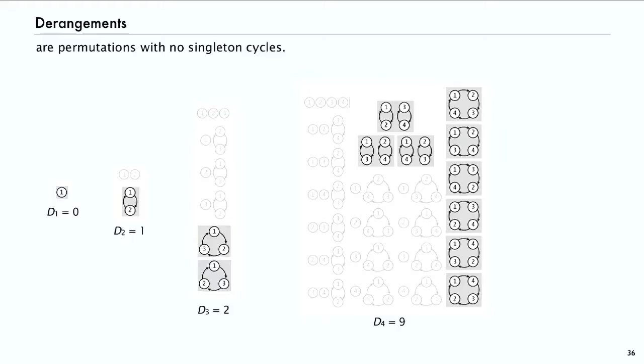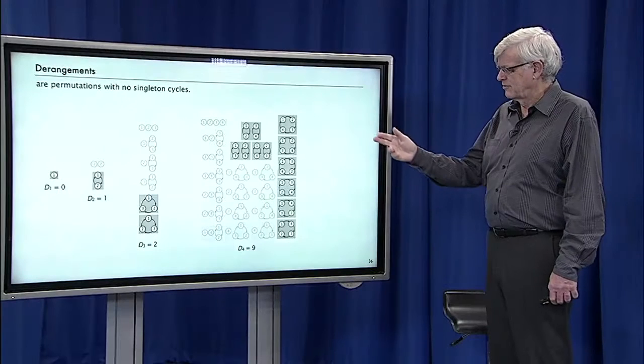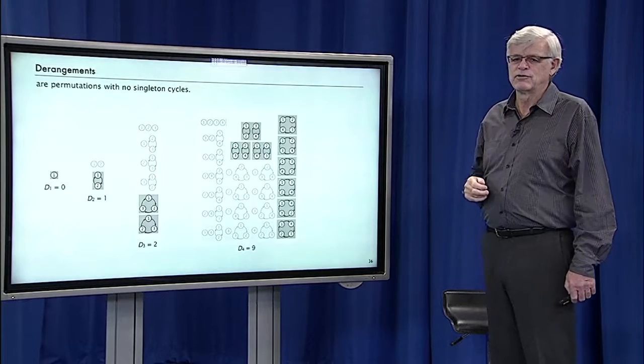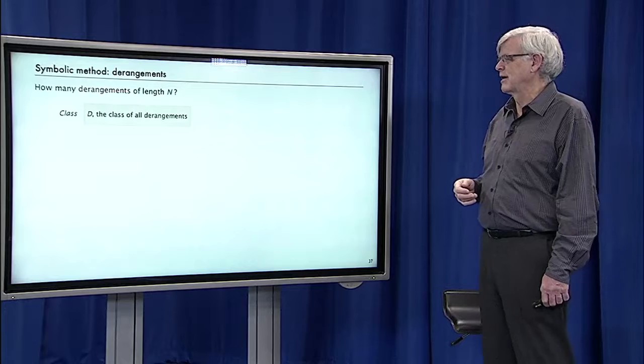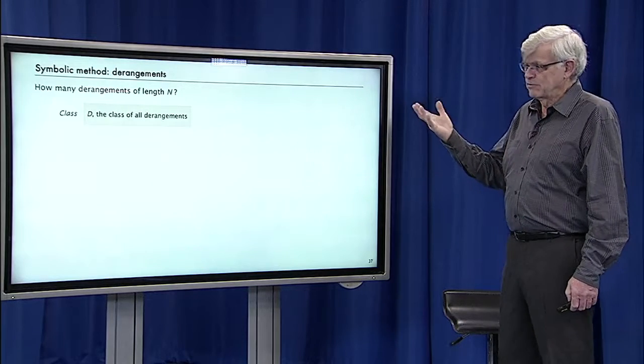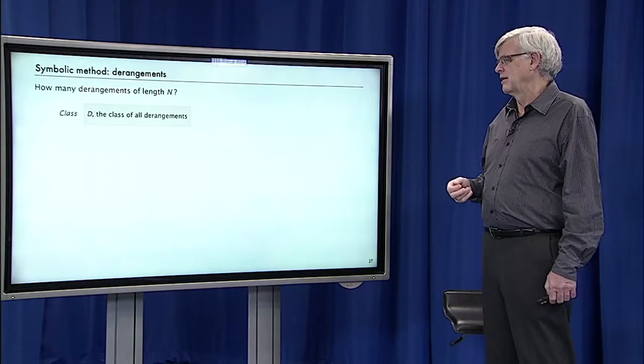So there are 9 permutations of size 4 that have no singleton cycles. The probability that nobody winds up with their own hat if there are only 4 is 9 over 24. And this maybe is not a familiar sequence, so let's see how to analyze that with the symbolic method.